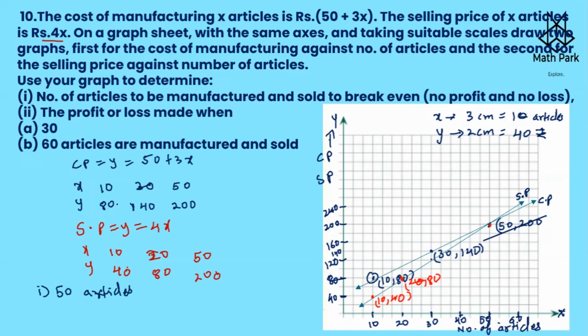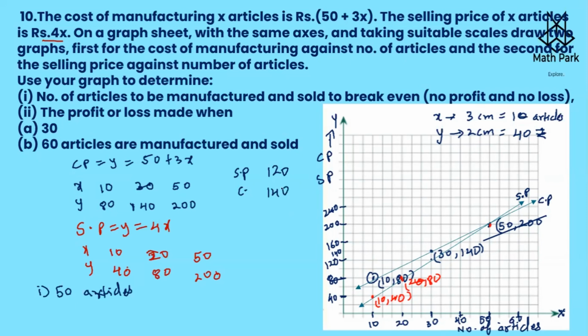And then the next part is the profit or loss made when 30 articles are sold. So when 30 articles are sold, the selling price is 120 and the cost price is 140.